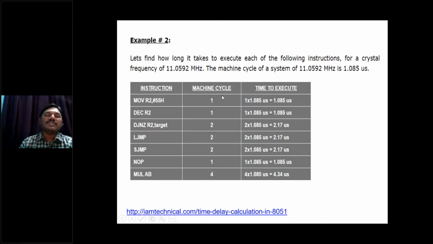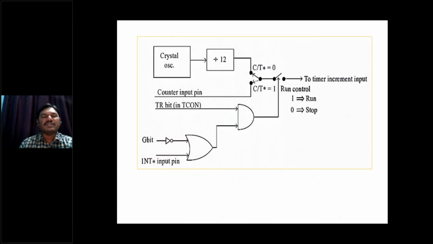To execute this instruction we need one machine cycle, to execute this instruction we need two machine cycles, and to execute this instruction we need four machine cycles. That is what we call the instruction cycle.